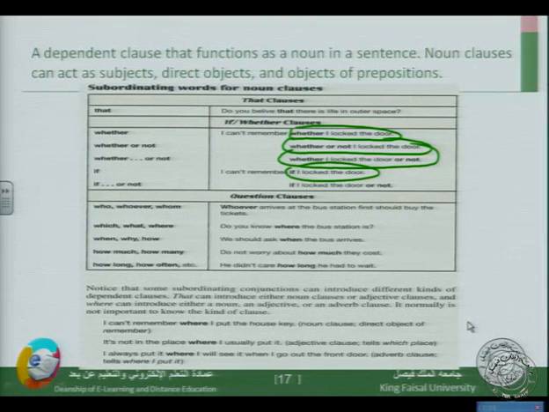"How much" and "how many": Don't worry about how much they cost. Here it came after a preposition. What do we call this? A noun phrase functioning as the object of a preposition. For example, you should ask when. It came after a verb, so this is a noun phrase functioning as the object of a verb, or direct object.